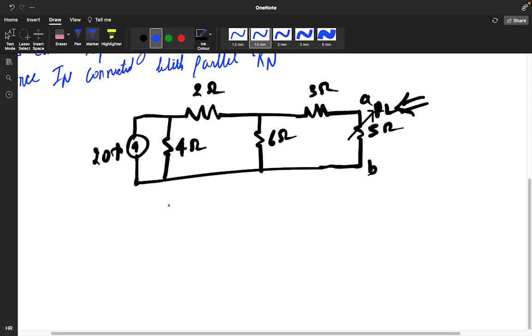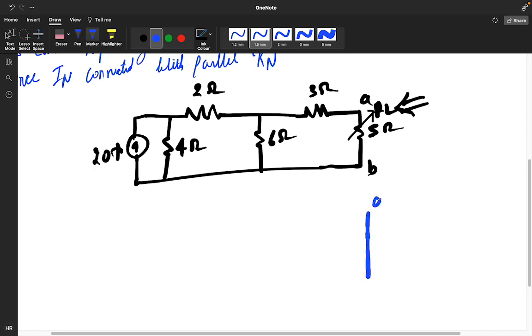So for finding the Thevenin's equivalent, we do open circuit across AB. But in a Norton equivalent, what will we do? We will do short circuit. We will not do open circuit.